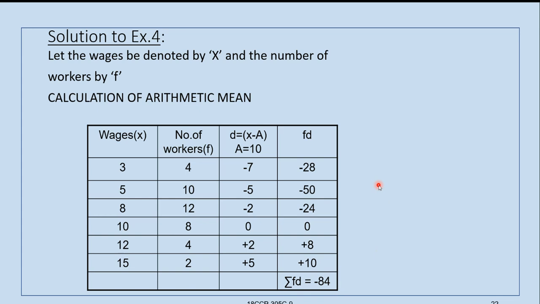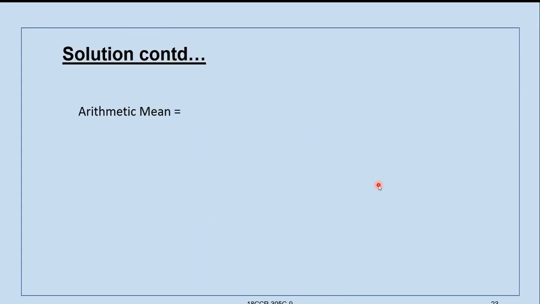Now we will see the solution. By taking the formula A plus sigma FD by N, sigma FD is the sum of all the deviations multiplied by frequencies, which is taken in the fourth column, and divided by number of observations, that is sigma F, second column total.